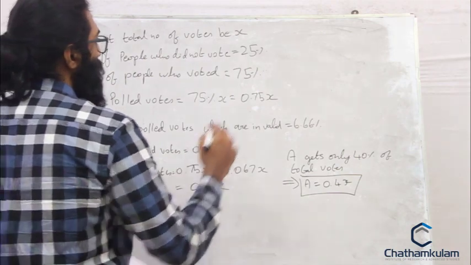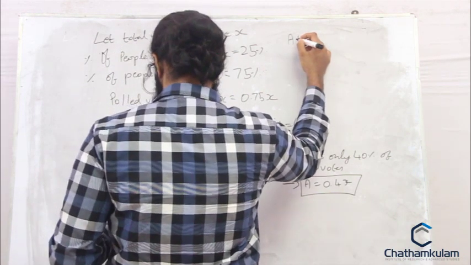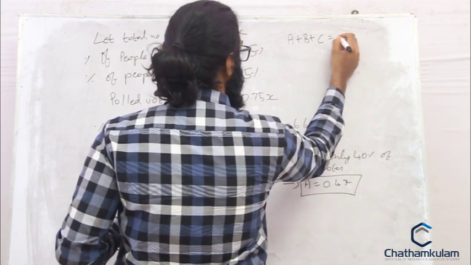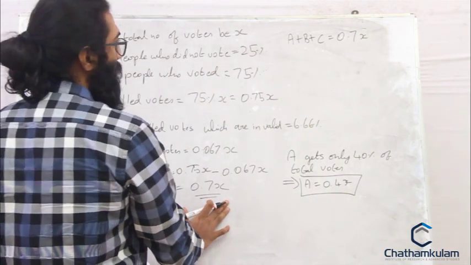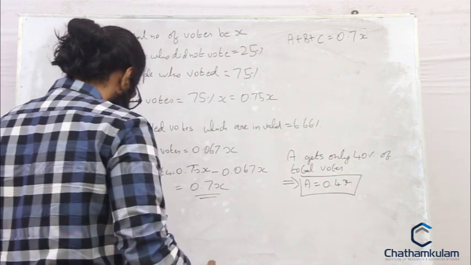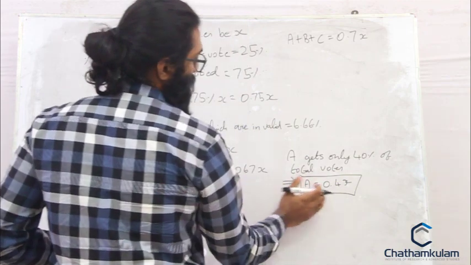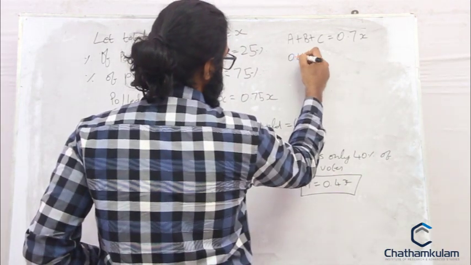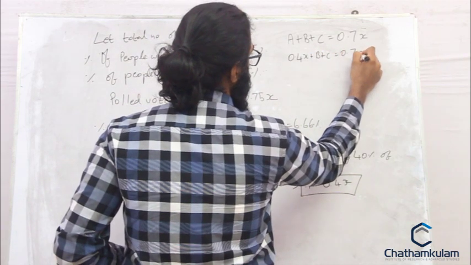We also have A plus B plus C equals 0.7x. Here the valid votes are only 0.7x. So we also know that A got 40% of x, so we write 0.4x plus B plus C equals 0.7x.